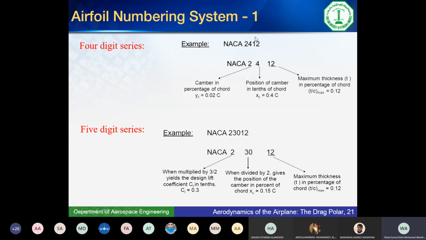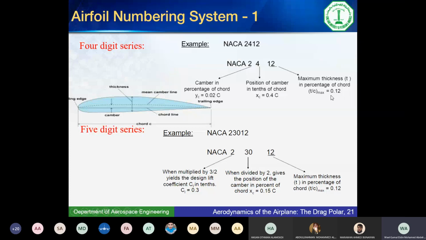The last 2 digits tell you the maximum thickness as a percent of the chord. So this 12 here tells me that the maximum thickness, which is this distance, is 12% of the chord C. If the chord C is 1 meter, this is 12 centimeters. If the chord is 2 meters, this is 24 centimeters, and so on. So it's 12%, 0.12 of C.